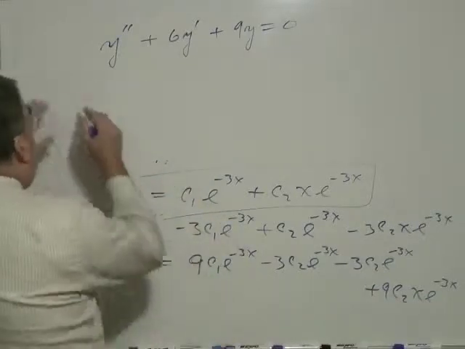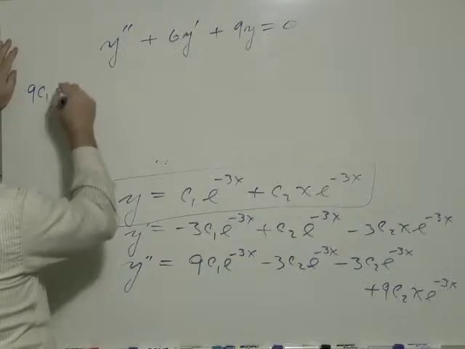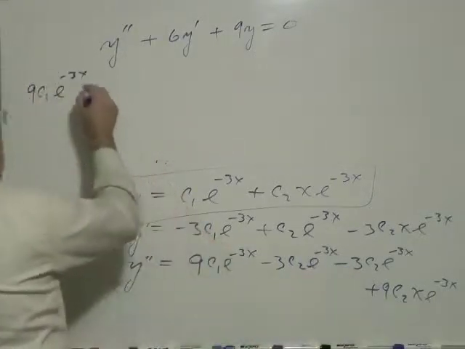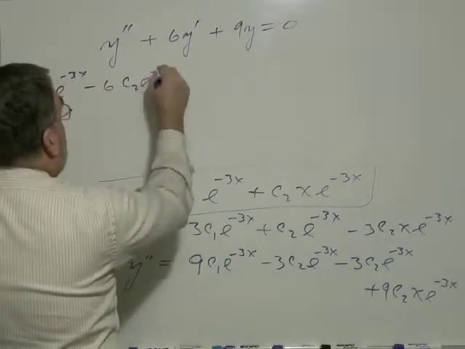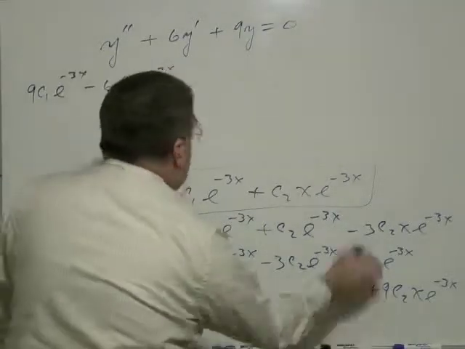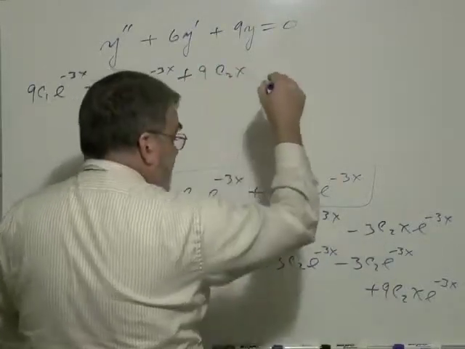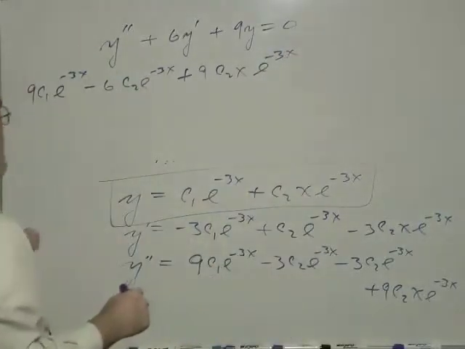Now here, these two terms will combine together. So I'm going to have 9c1 e to the -3x, and then these two terms will be minus 6c2 e to the -3x, and then plus 9c2x e to the -3x. That's just y double prime.